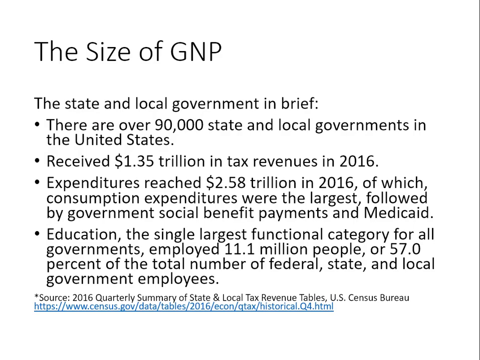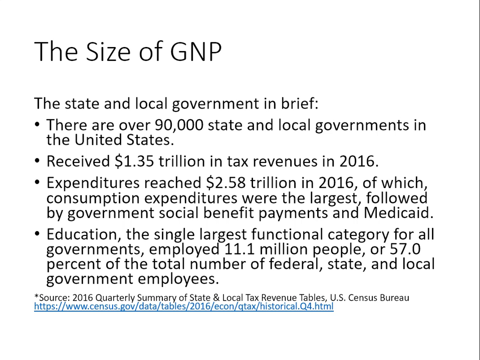So we start with the introduction of not-for-profit. Why do we need governmental and not-for-profit accounting? Let's talk about the size. We start with the governmental sector. There are over 90,000 state and local governments in the United States.